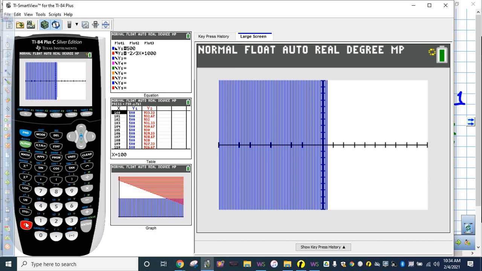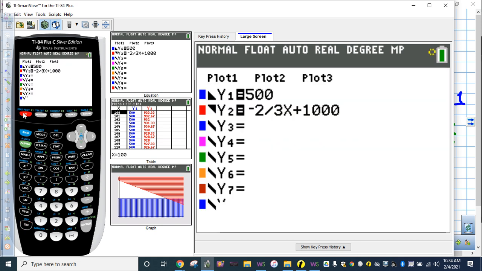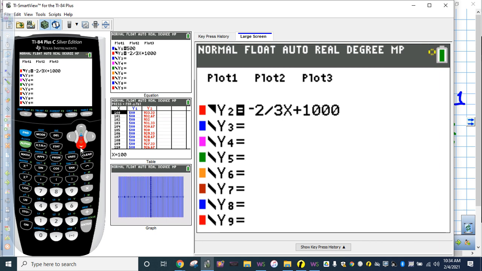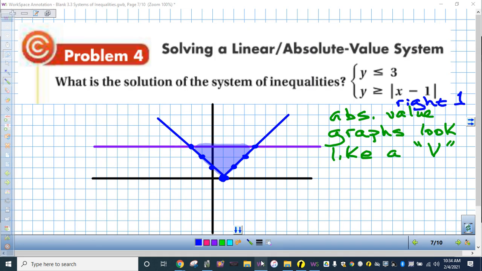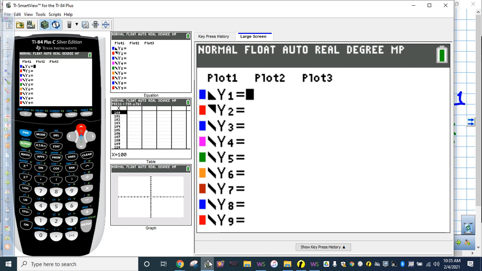It's kind of maddening. Then hit y equals. Erase your two equations here. My y1 is the less than equation, so I'm going to put the 3 there because that's already less than, and then I don't have to mess around with those inequalities.